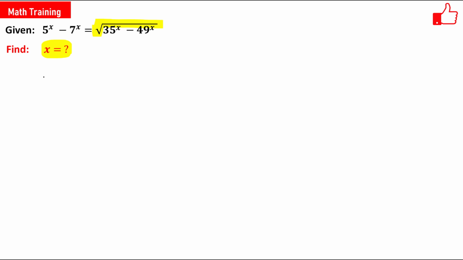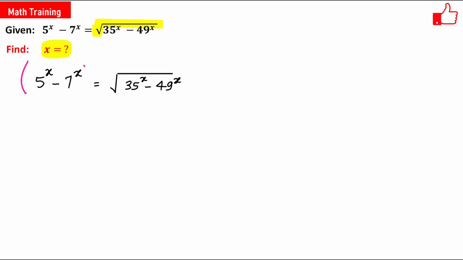So we have 5 raised to the power x minus 7 raised to the power x, and this is equal to the square root of 35 raised to the power x minus 49 raised to the power x. Now as I said, we can square both sides.